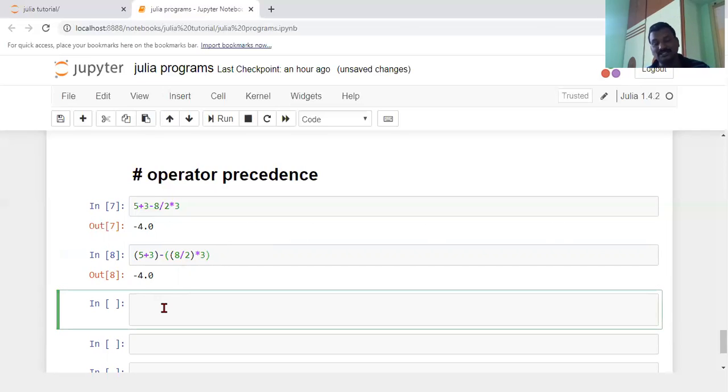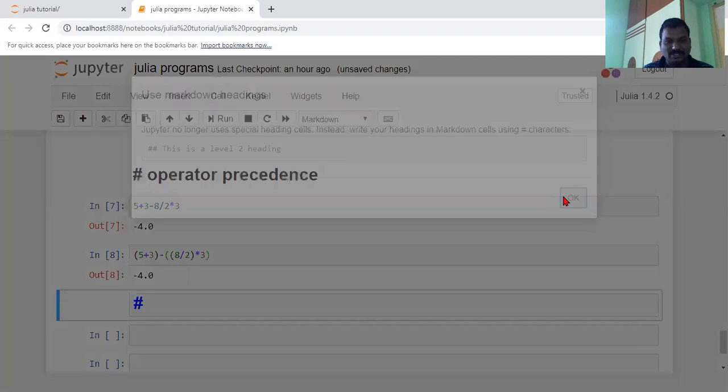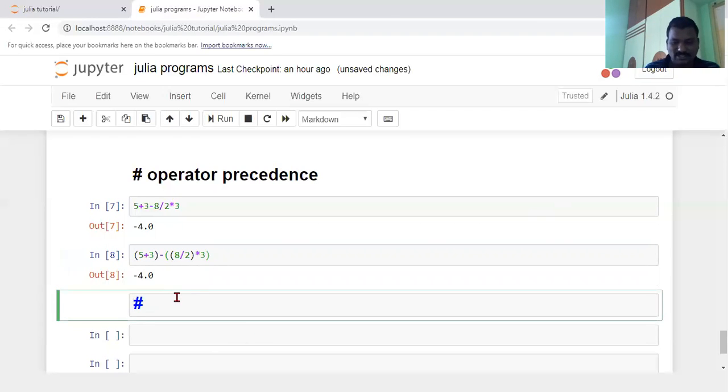You are getting this result based on the precedence values of the operators. How can you measure the precedence value? In this case, the bracket has the highest precedence compared to the operators. Here I am using the bracket.